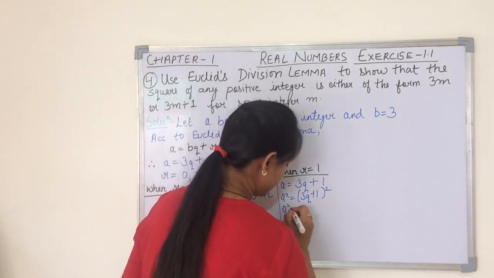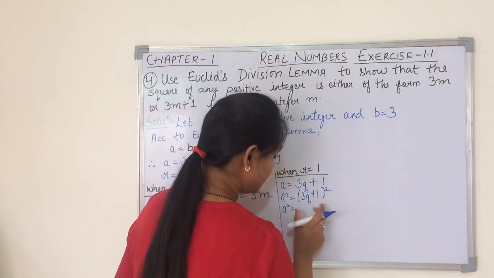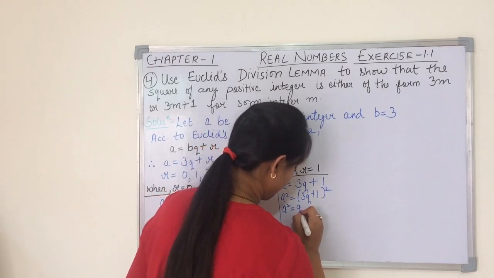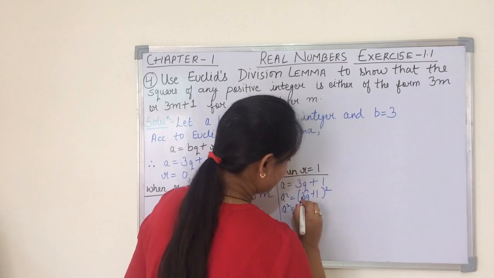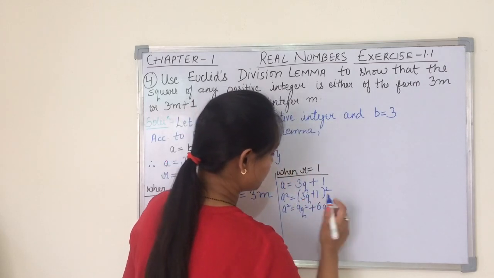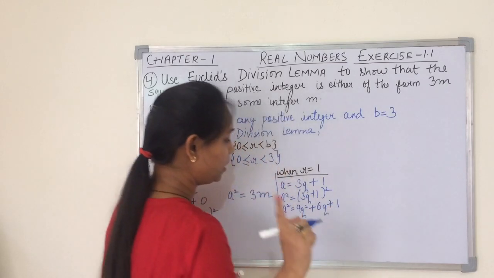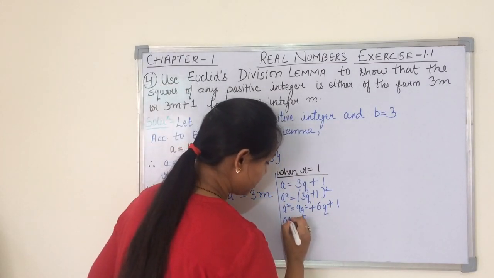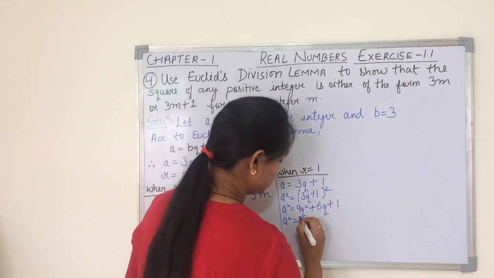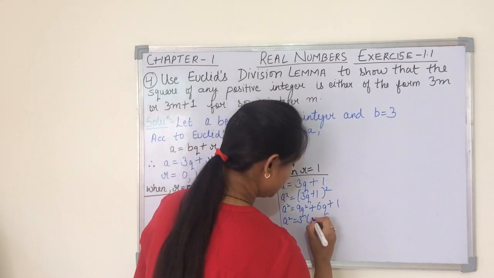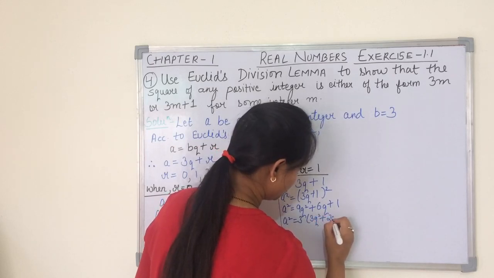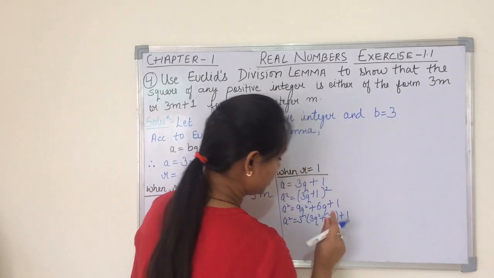So we will expand it in the form of a plus b whole square: 3q squared will become 9q square, then 2ab will be 6q, and here we will get 1. Now again take out 3 as common out of these two values. We will be left with 3q square plus 2q inside the bracket, and outside the bracket we will be left with 1.